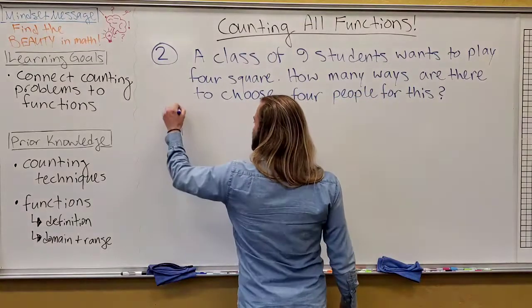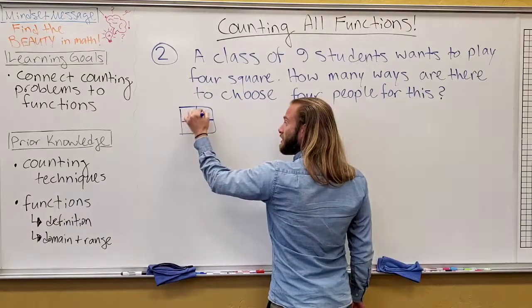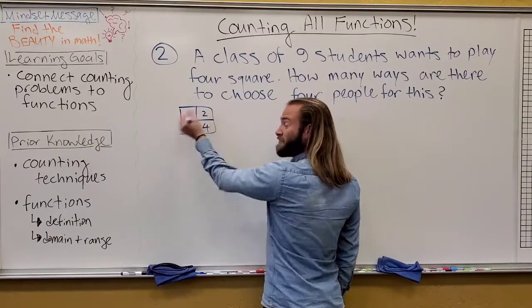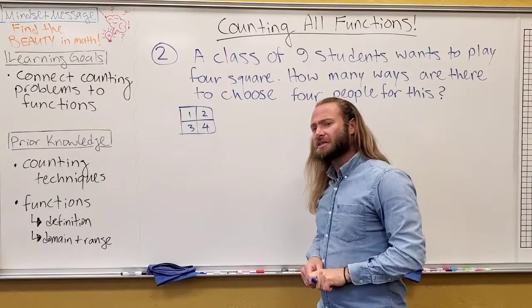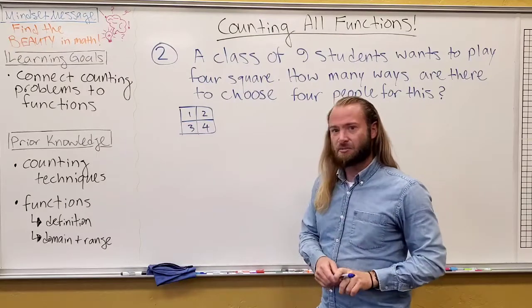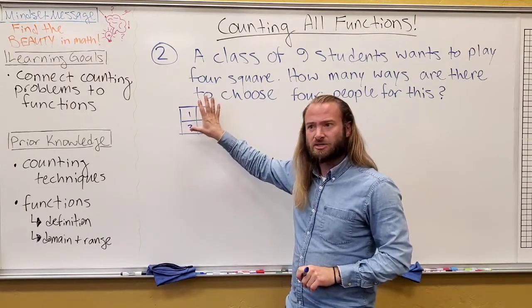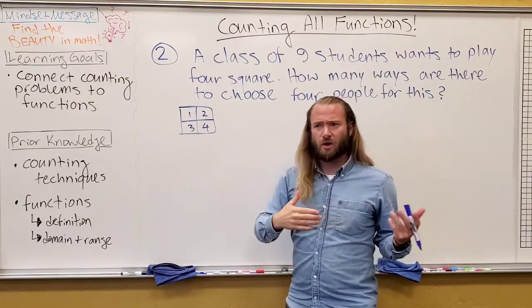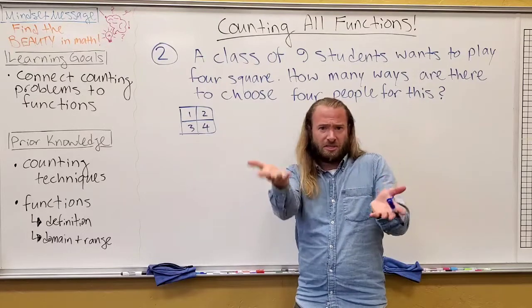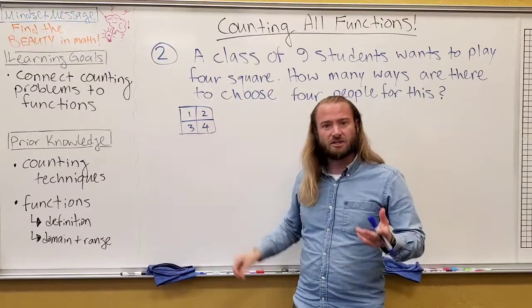And just to remind you, Foursquare consists of 4 squares, and there are 4 different people that you'd place in those squares, right? And one of the fundamental differences between this and the last problem was that if you're placing people into these squares, you can't put the same person into 2 different squares. In the last one, 2 different spots could be tails, and that'd be fine, right? But in this case, that's not true.